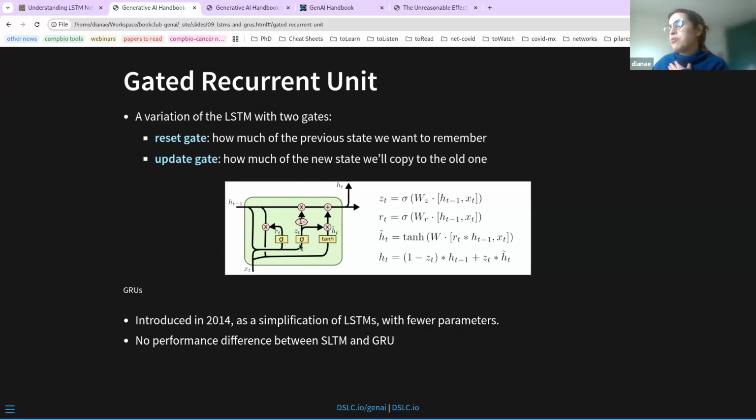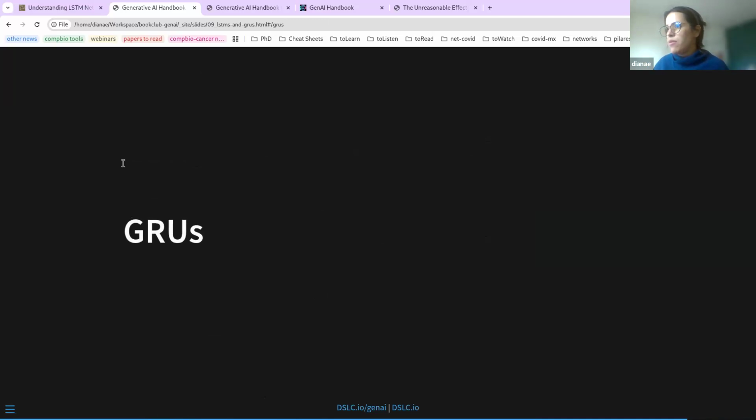But I read that there is no performance difference between them, so I guess people still use LSTMs. And yeah, so that's all I have for these two chapters. Thank you.